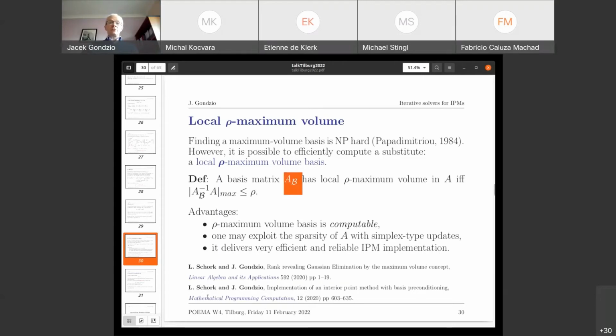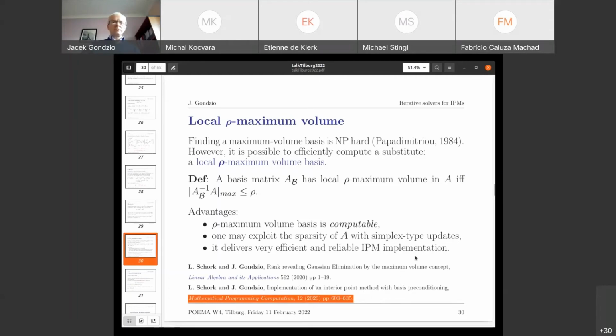Here in this paper, there is a comparison against Gurobi. Actually, this implementation of interior point method with inexact Newton direction computed by this row maximum volume basis delivers a method that sometimes can even beat Gurobi.